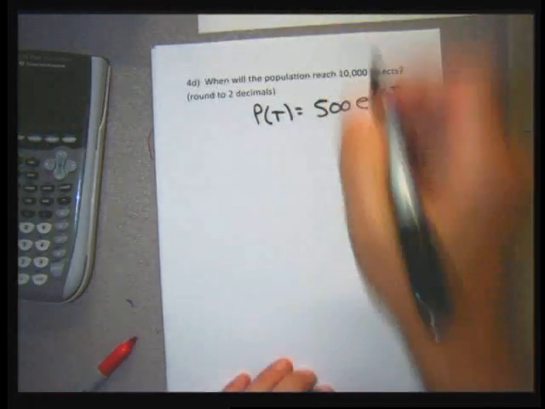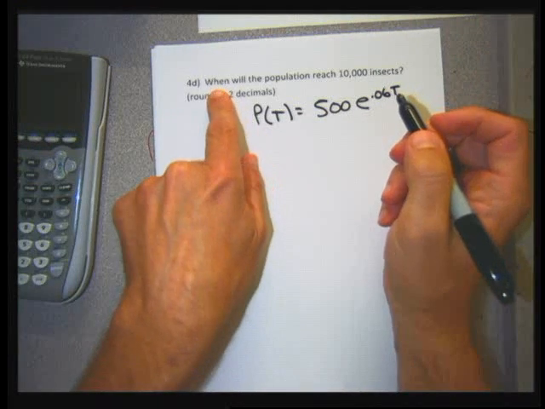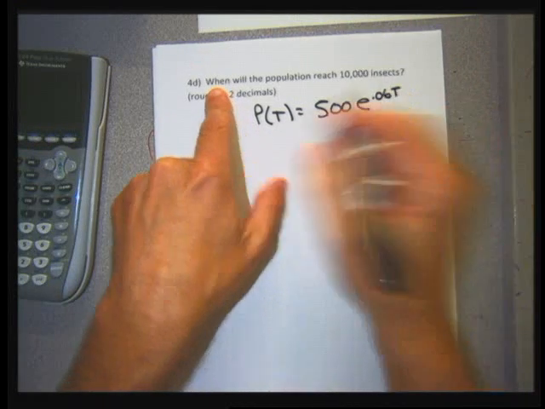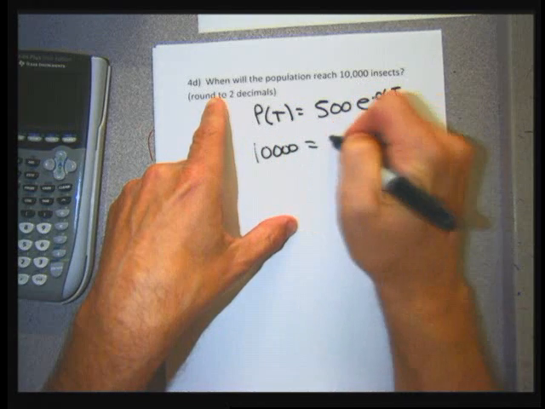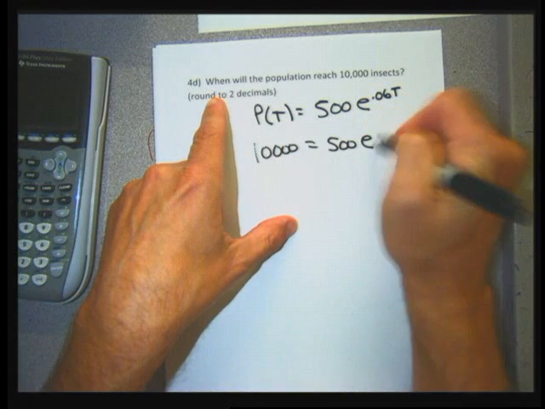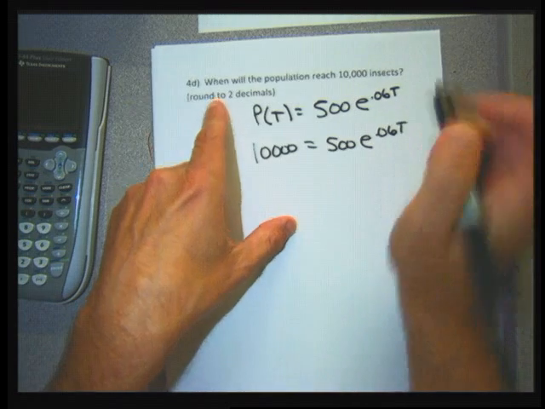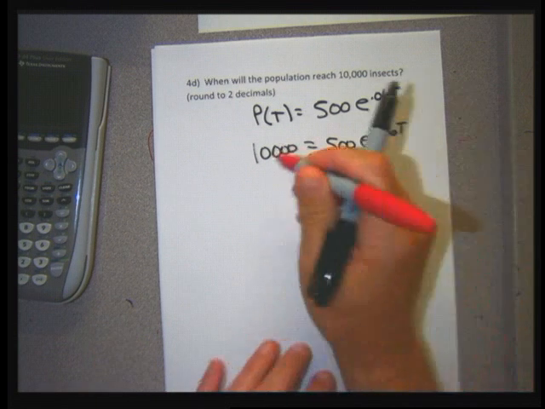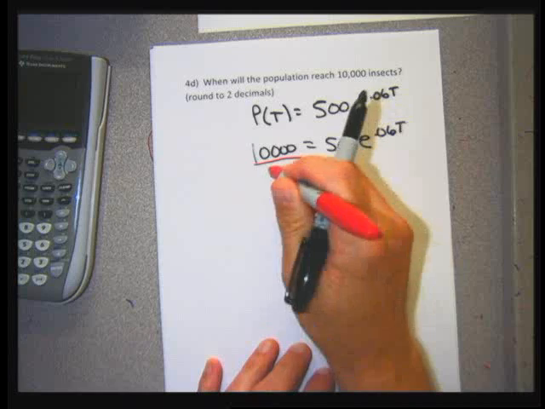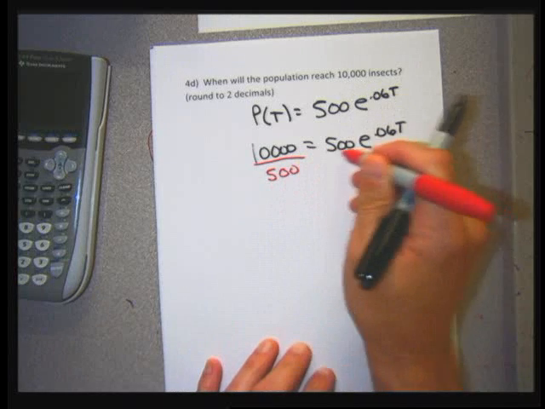And in order to do that, I'm going to answer the question when. I'm going to plug 10,000 in for the left side of the equation, and I'm going to solve for t, and the t is going to stand for days, so I'm not going to say in a certain year. I'm not going to take this number and add it to 2012 because this is just a number of days. So it's not appropriate to write a yearly answer here.